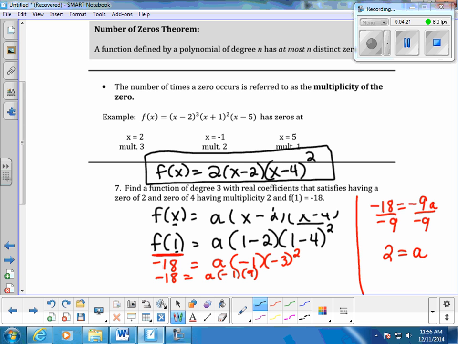This is a function of degree 3 with real coefficients that has a zero of 2 and a zero of 4 having multiplicity 2. Here's 2 of the x's, and here's 1, so that's where we get 3 total.